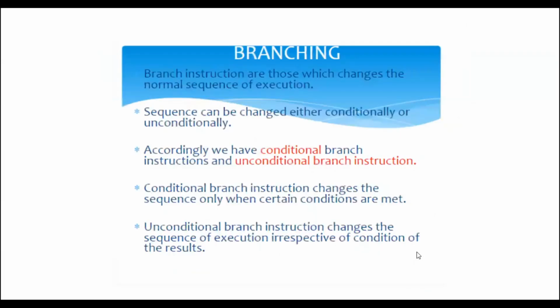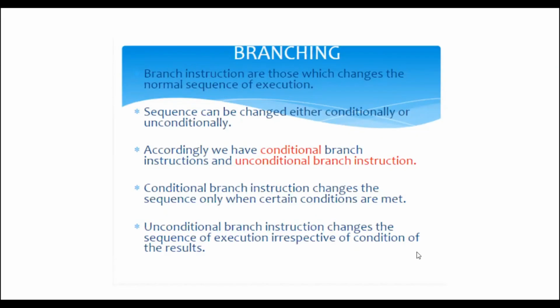Branching instructions are those which change the normal sequence of execution. The sequence can be changed either conditionally or unconditionally. Accordingly, we have conditional branch instructions and unconditional branch instructions. A conditional branch instruction changes the sequence only when certain conditions are met.